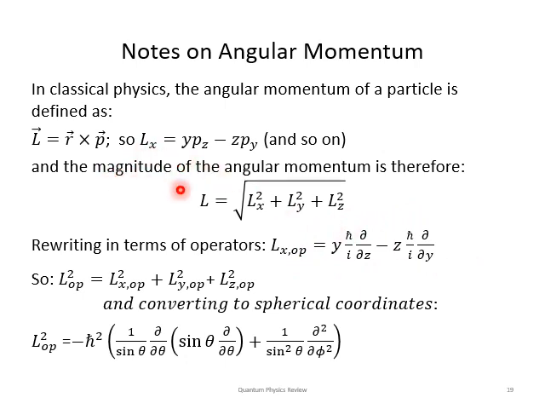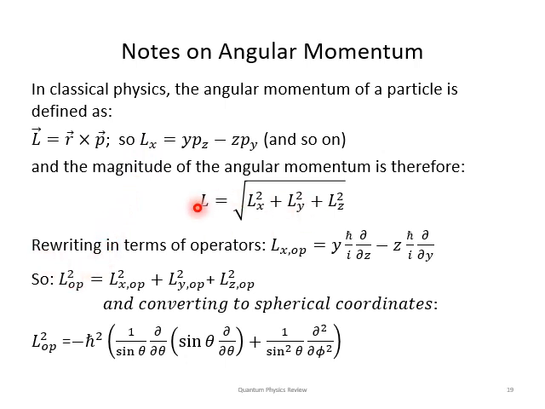The magnitude of the angular momentum is, because there are three components here, and they're orthogonal to each other, Lx squared plus Ly squared plus Lz squared. Right? And L is a vector, and so I've just picked up a component of the vector here.